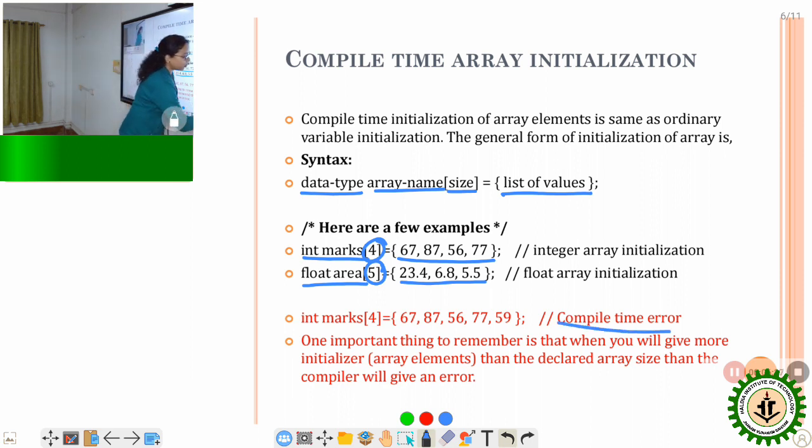That gives you a compile time error. So remember this, if you consider size as 5, then you have to put fewer than or same as the size, not greater than that.